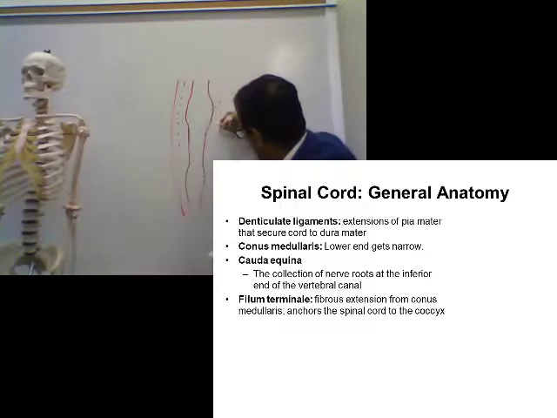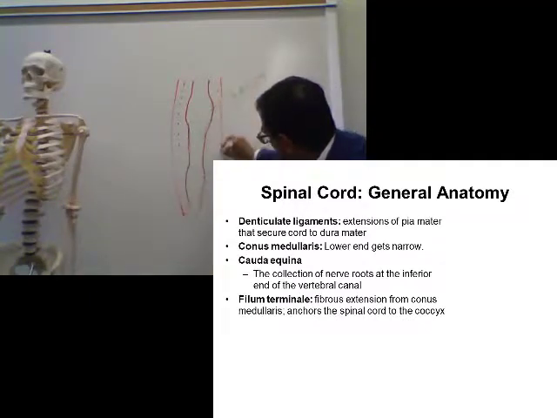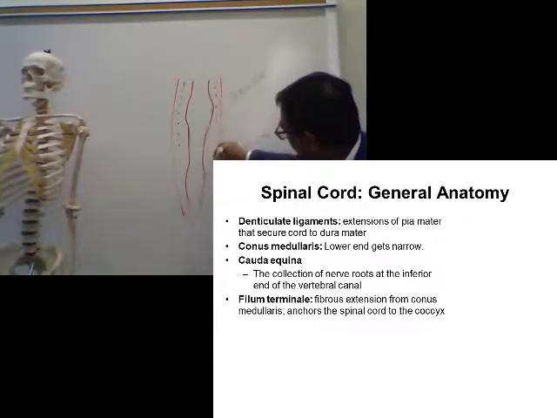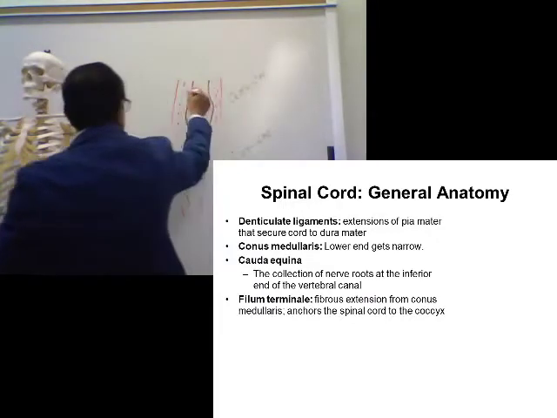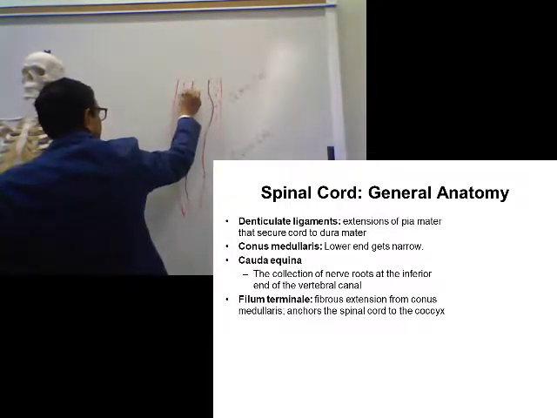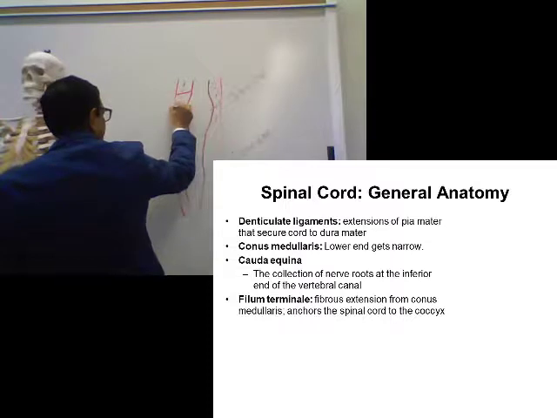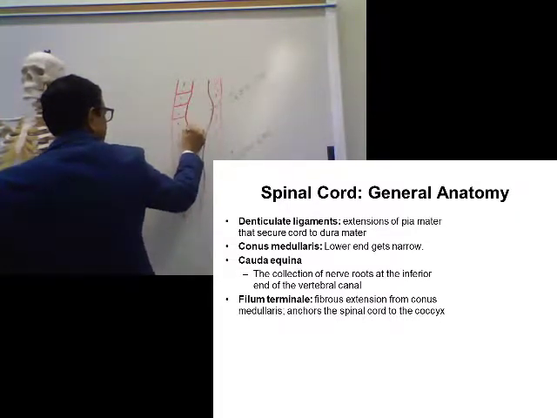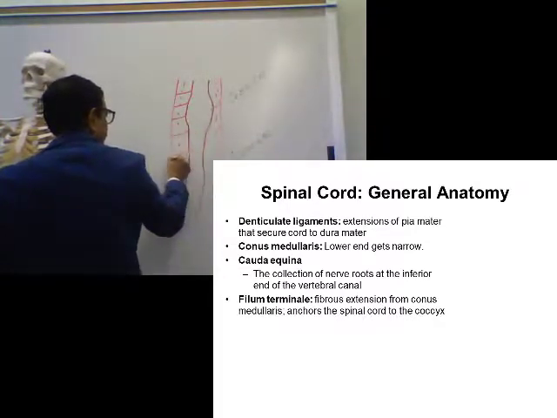Same thing here, right? So this is the dura mater, this is the arachnoid mater. Okay. So from the pia mater, ligaments arise like this. These are not nerves, these are ligaments.